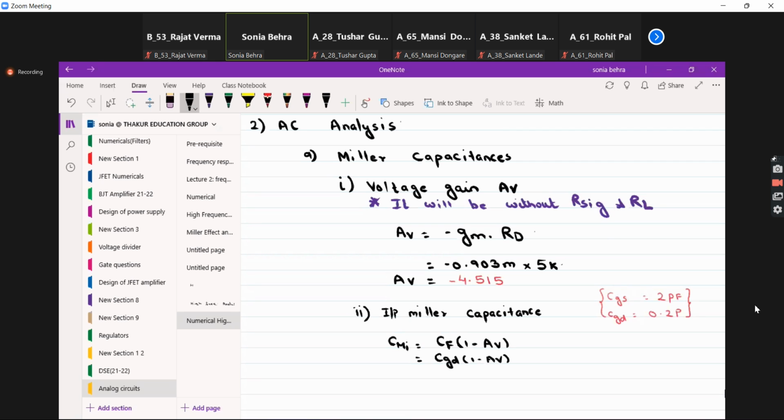So CGD is given to you as 0.2 pico. AV you have just found out. So 1 minus of minus 4.515. Find out CMI. Give me this value.